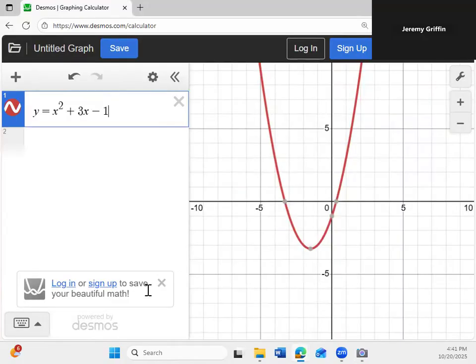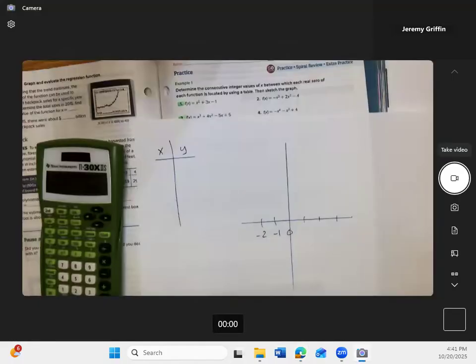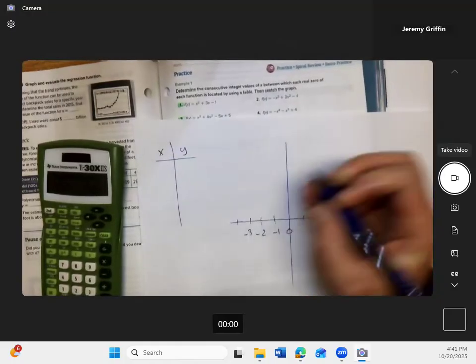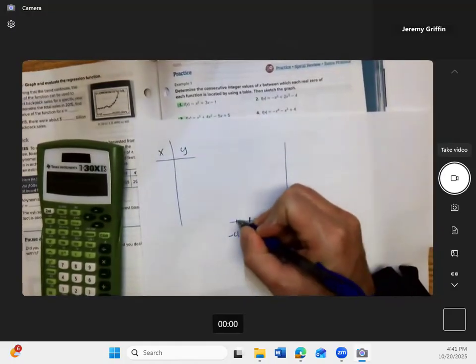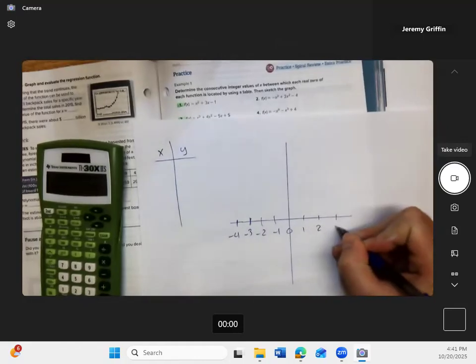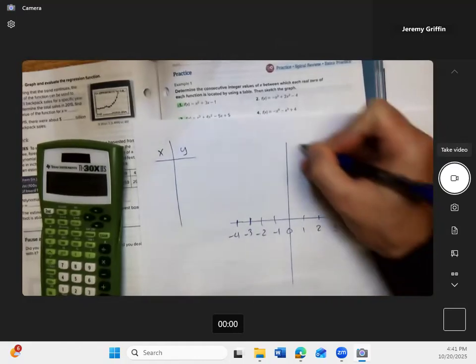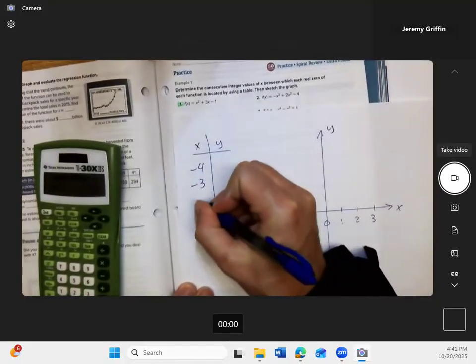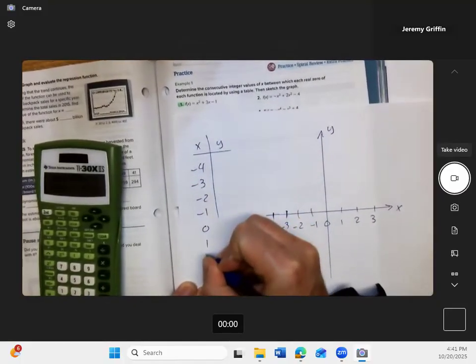Okay, actually, no, I need to go back a little bit more. That's all right, I got room. All right, -3, -4. Okay, so something like that. 1, 2, okay, that'll be plenty good. All right, x, and I'll put my y-axis here. So let's go -4, -3, -2, -1, 0, 1, 2.